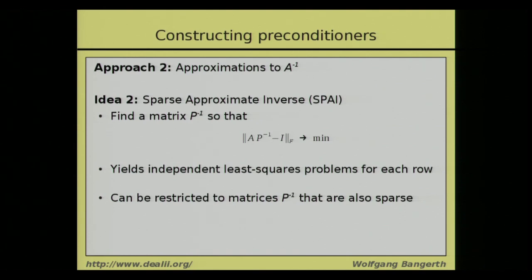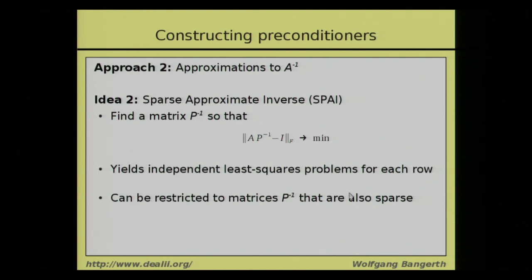A second idea would be something like this. This is called sparse approximate inverse. This is a method that was developed in the late 90s and early 2000s. So you try to find a matrix P^-1 that again approximates A^-1. Now I have to say what I actually mean by approximating A^-1, and I'm going to say it in the following sense.